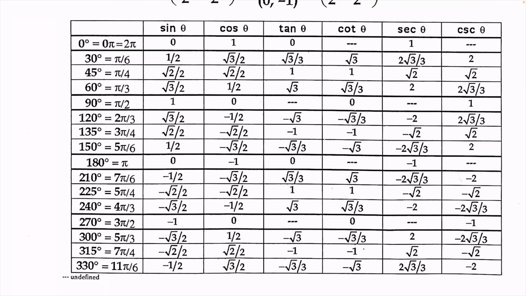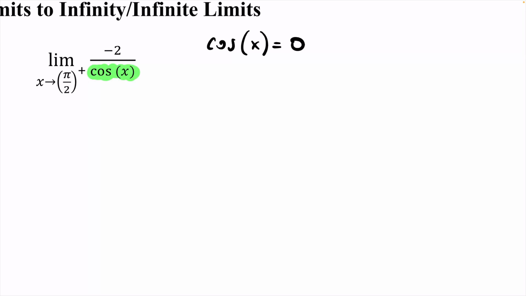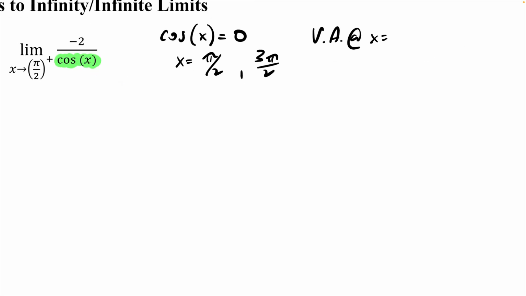There's vertical asymptotes at x equals pi over 2 and x equals, I skipped a spot, but I'll come back to it in a second, 3 pi over 2.